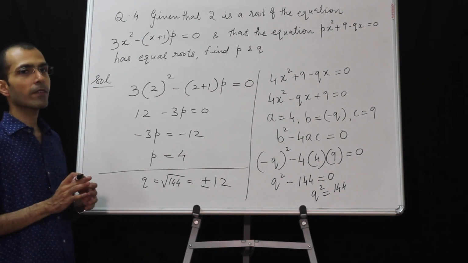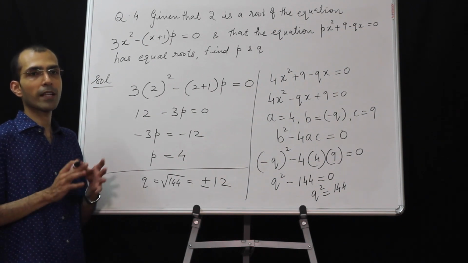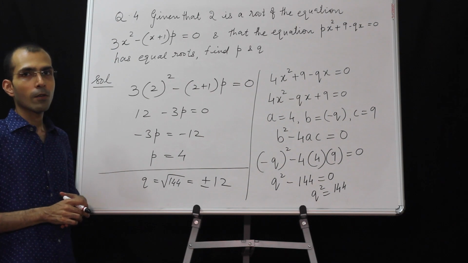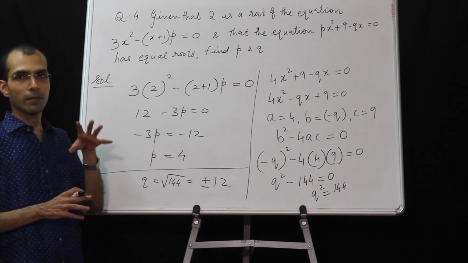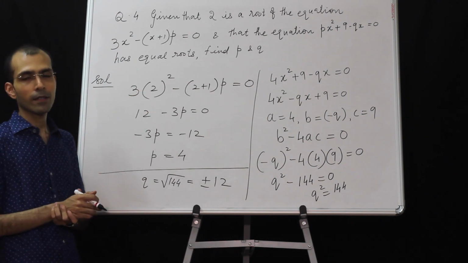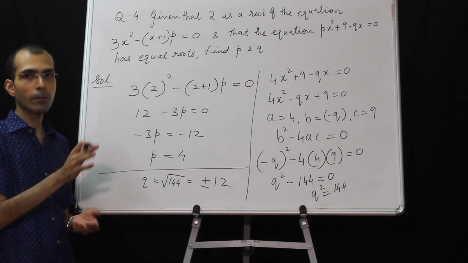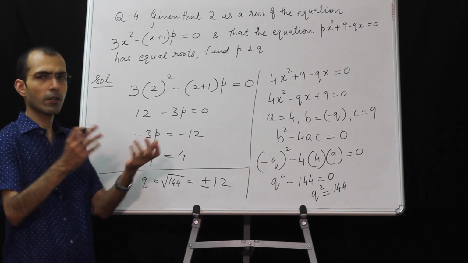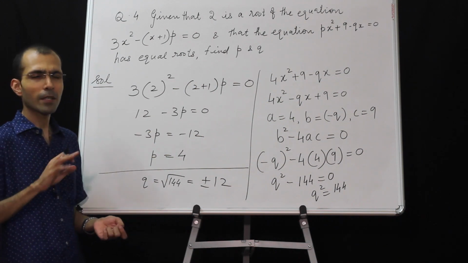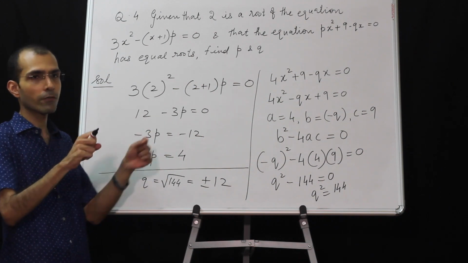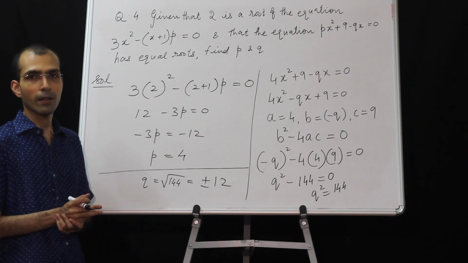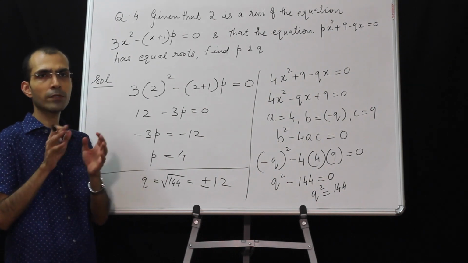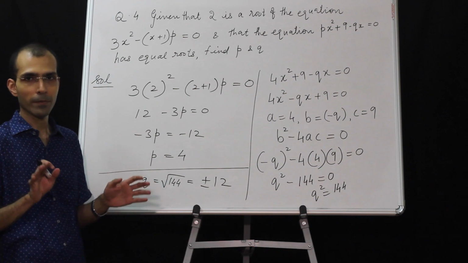So now we have completed this topic, quadratic equations. We studied type 1, how to factorize, type 2, how to solve it by formula, and remember in the exam they will not tell you solve by formula, not necessarily. You will have to judge it, but you can easily judge that if it is not factorizable, go by formula. Even if it is factorizable and if you still want to use the formula, no problem.